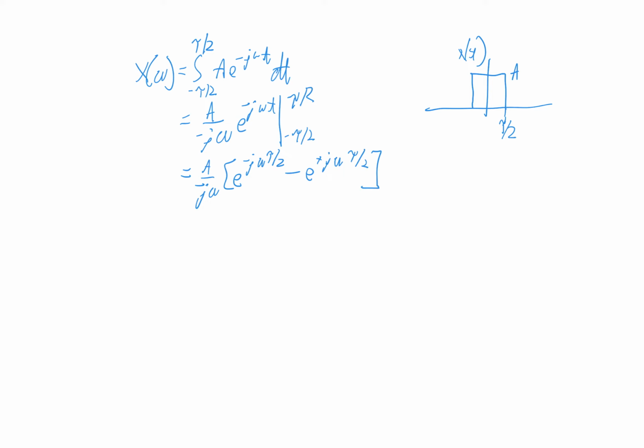And now I need to simplify this. So inside the brackets, I have a vector that is between the points e to the plus j omega tau over 2. And I'm showing here that omega tau over 2 looks like it's about 50 degrees, but it could be any angle. I'm just showing an arbitrary value here. And then the conjugate is going to be right there, e to the negative j omega tau over 2.